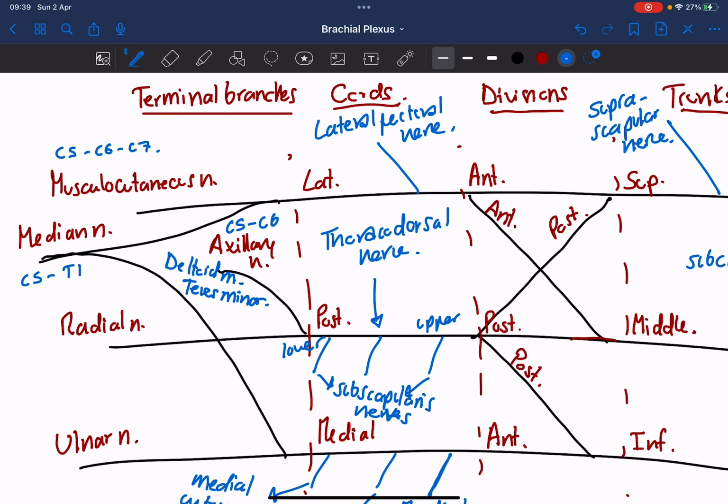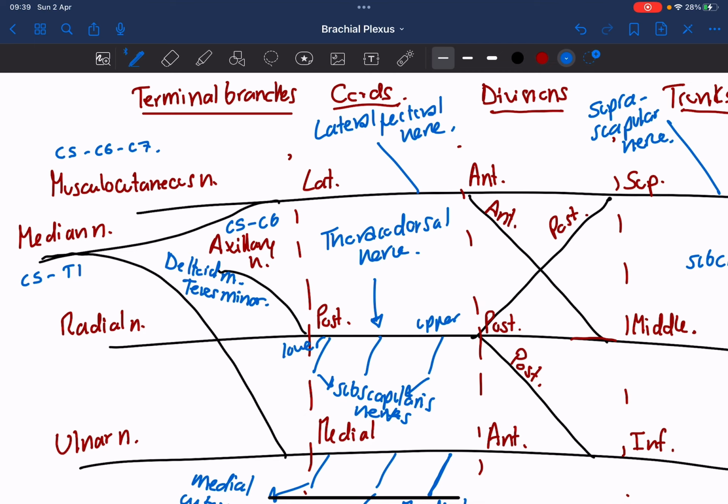Okay, so those 3 and the first and second lumbricals are supplied by the median nerve. Also, the median nerve has sensory supply, so it provides sensory sensation on the flexor compartment of the forearm, as well as in the hand. But we'll talk about the sensory supply to the hand in another video, okay?